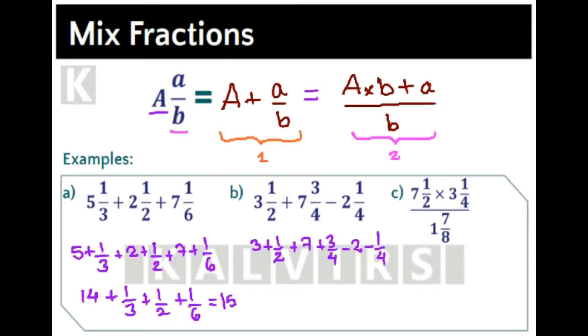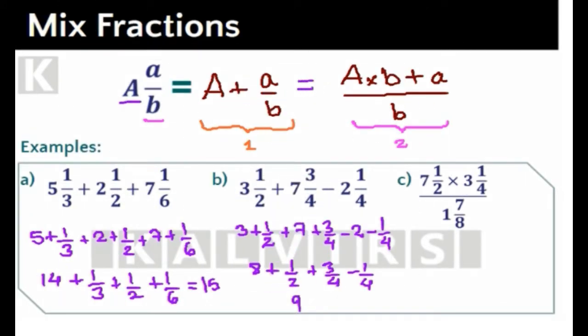Summing the integers, we have 8 plus 1/2 plus 3/4 minus 1/4. So the sum of these fractions will be equal to 1, so 8 plus 1 will be equal to 9.